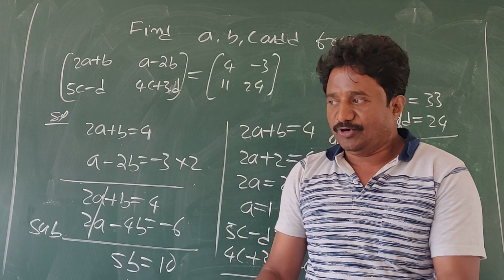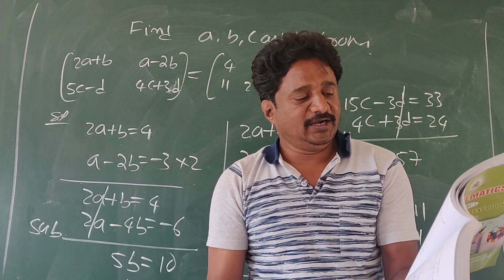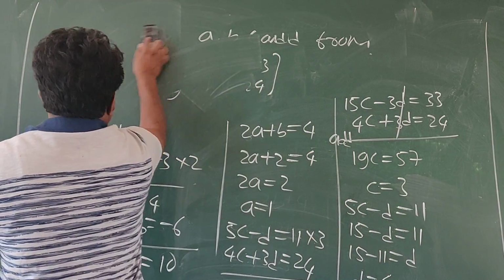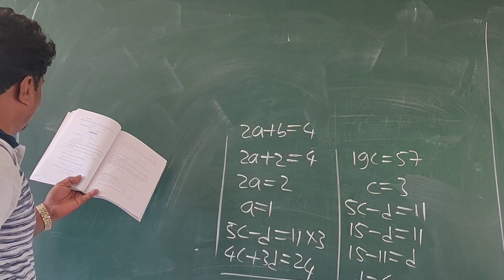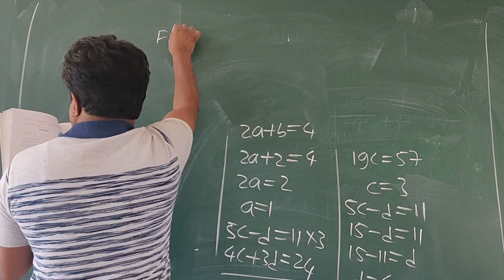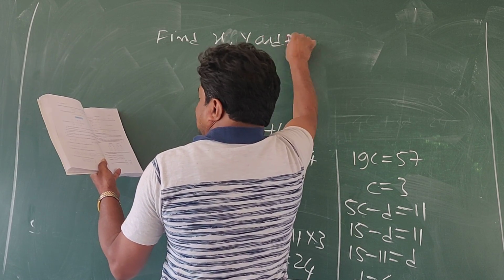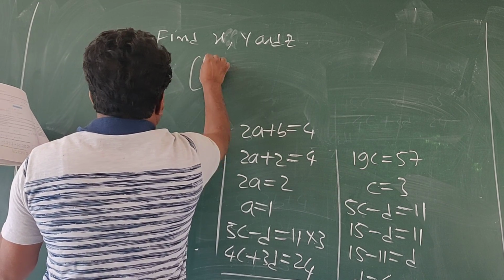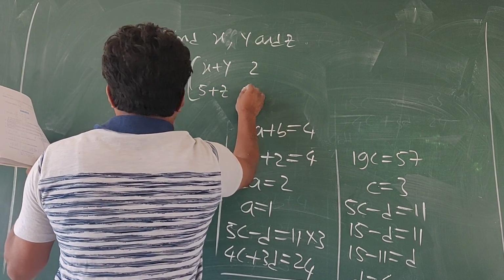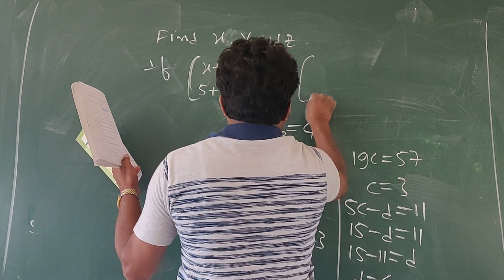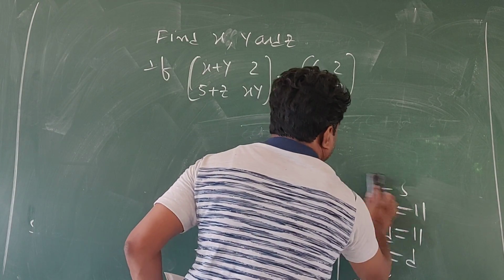Okay, let's move on to one more question. The question is: find x, y and z if the matrix with entries x plus y, 2, 5 plus z, xy is equal to the matrix with entries 6, 2, 5, 8.